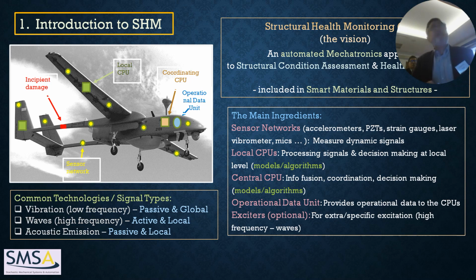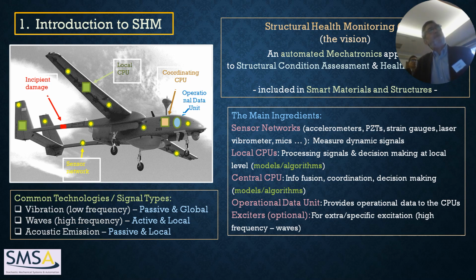There are some advantages of using vibration signals for doing this. One of the advantages is that vibration is a global phenomenon. It involves the global properties of the structure, so you don't have to measure locally and you don't have to have many sensors. The number of sensors that I show here is quite large, I would say.